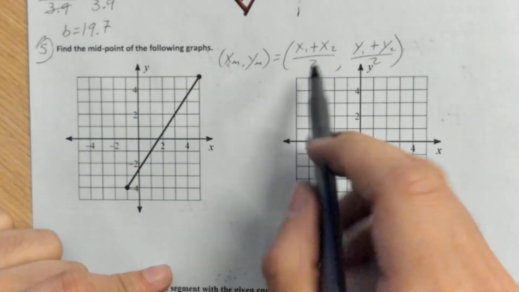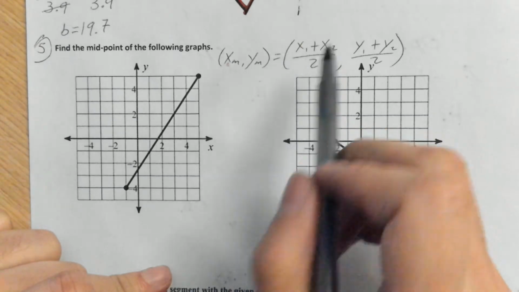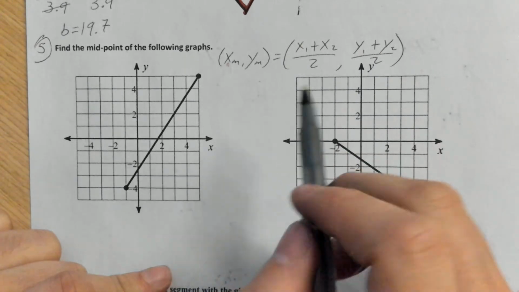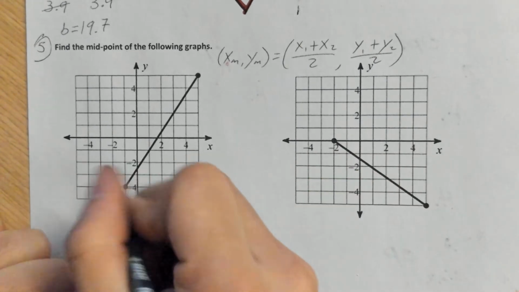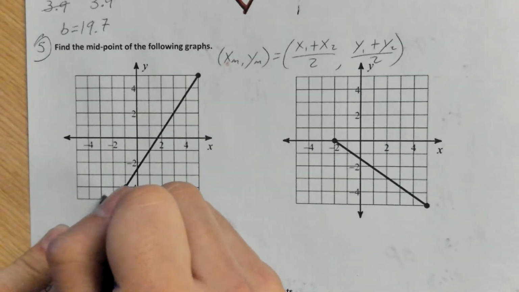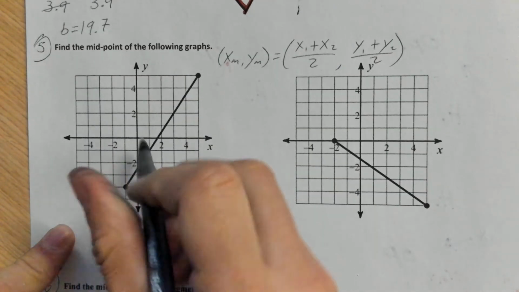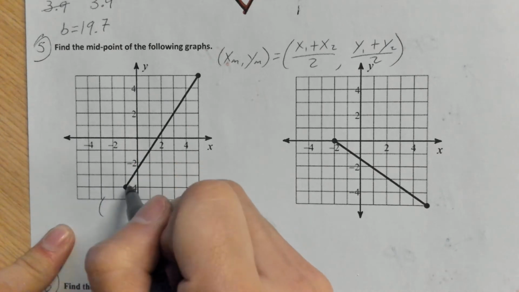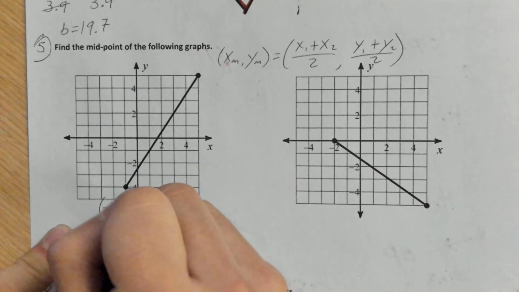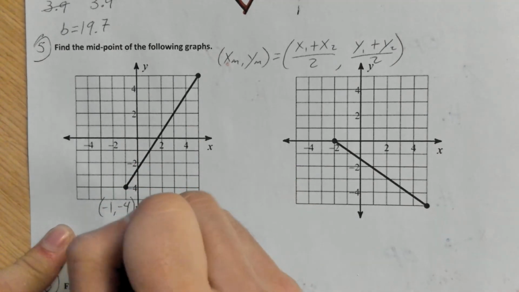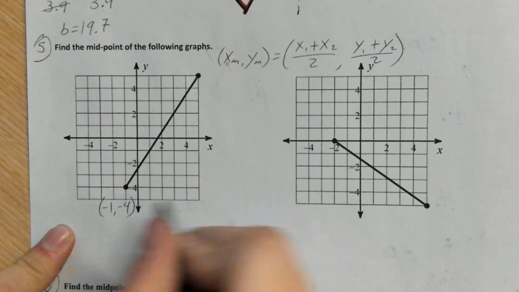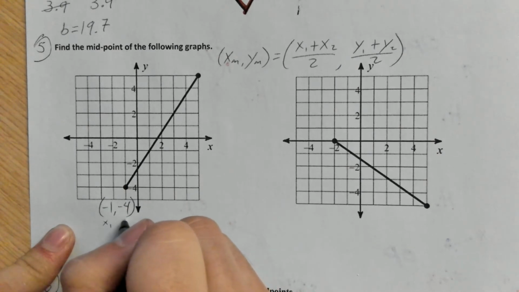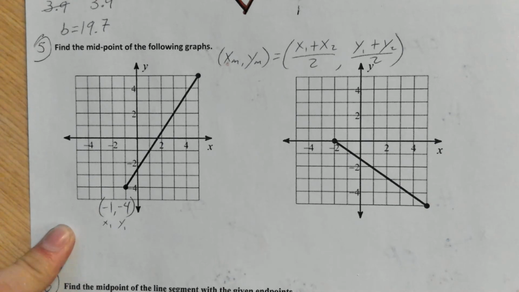First thing that I have to do is find out what's x1 and what's x2, what's y1 and what's y2. From left to right, this point is going to be my x1, y1. So what are my coordinates of this point? They are -1 and -4. -1 comma -4. So this is my x1 and this is my y1.